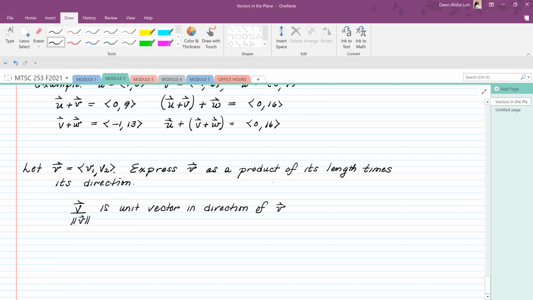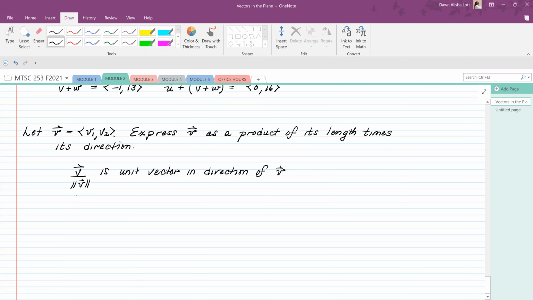If I have a unit vector but I want it to be as long as v, I'm going to take the length of v and multiply it by the unit vector that's in the direction of v. So it looks like I haven't done anything, but I have.